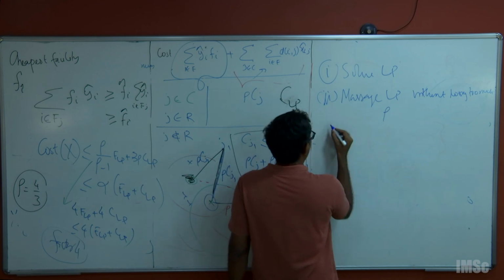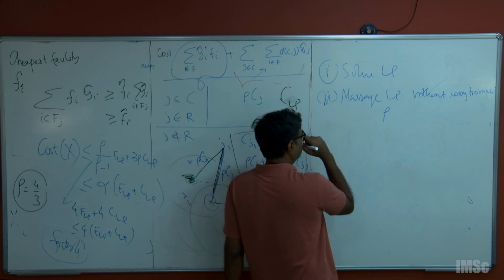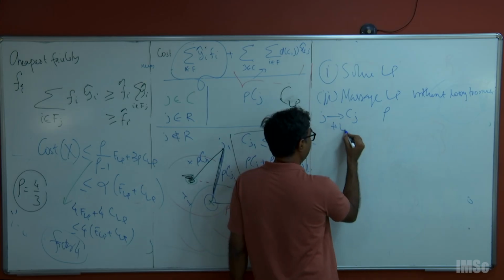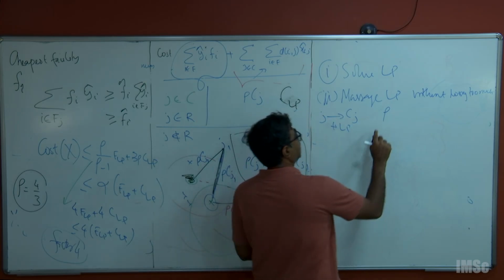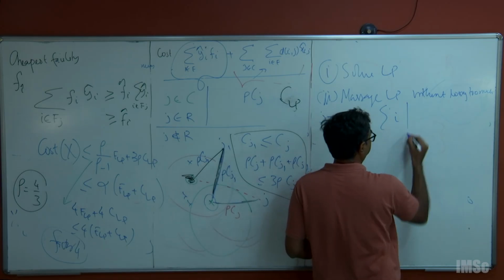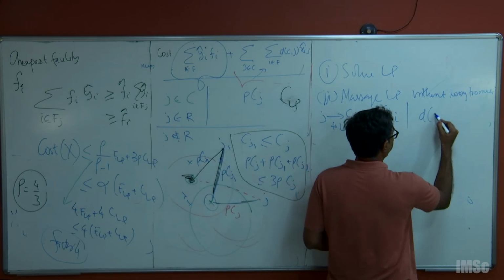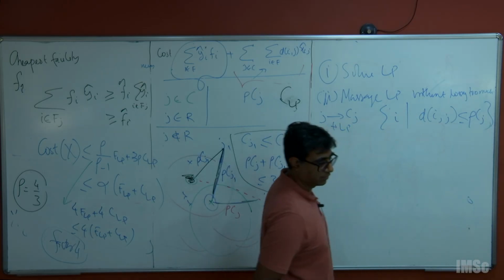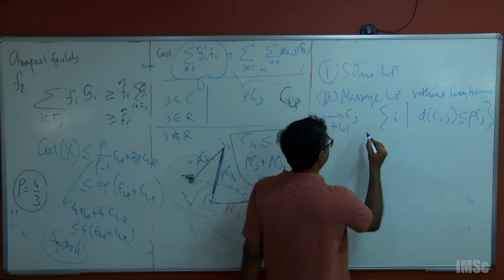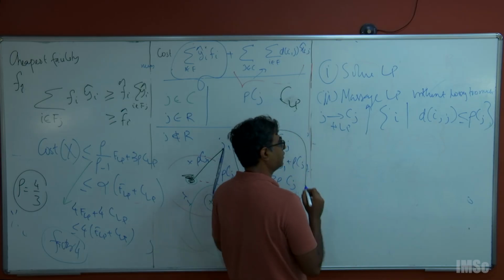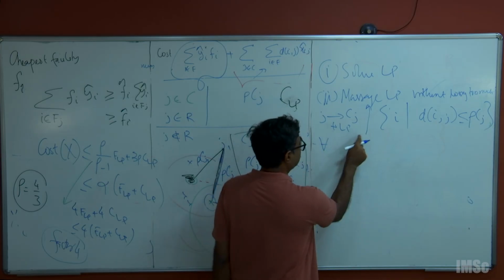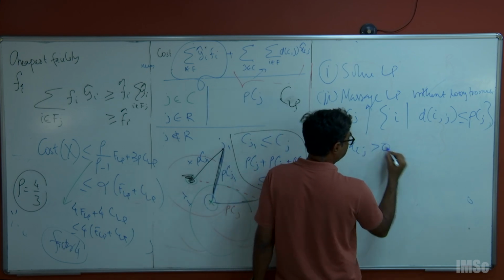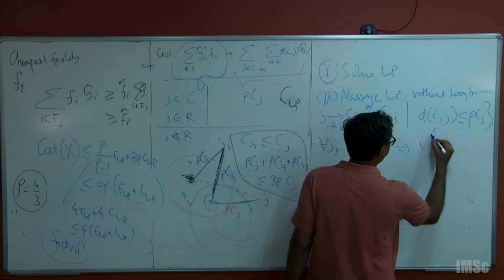Okay, so client j contributes Cj to the LP. I said I'm happy being served by a facility such that the distance from i to j is not more than rho Cj. This was my definition. With this idea, we massaged the LP such that for each j, xij greater than 0 implied that i belongs to this set.